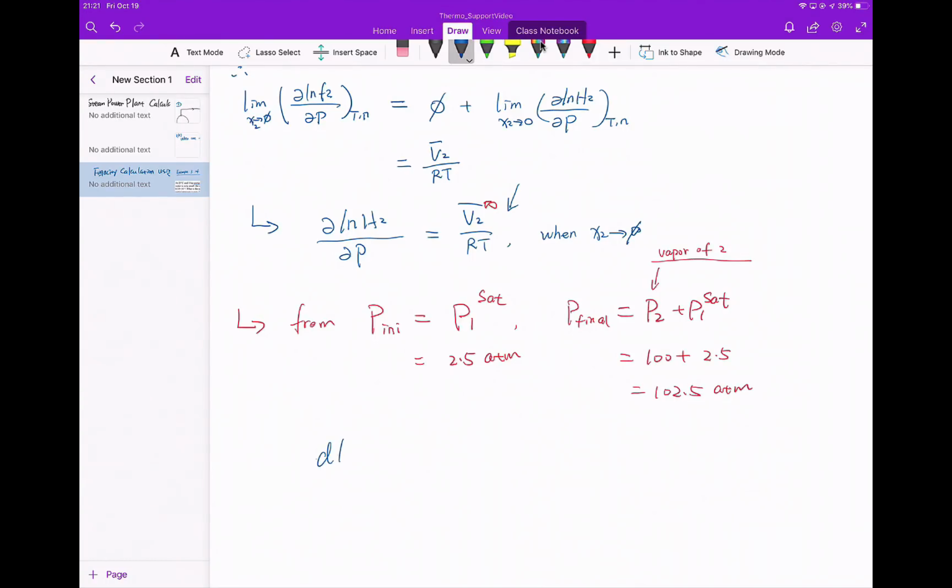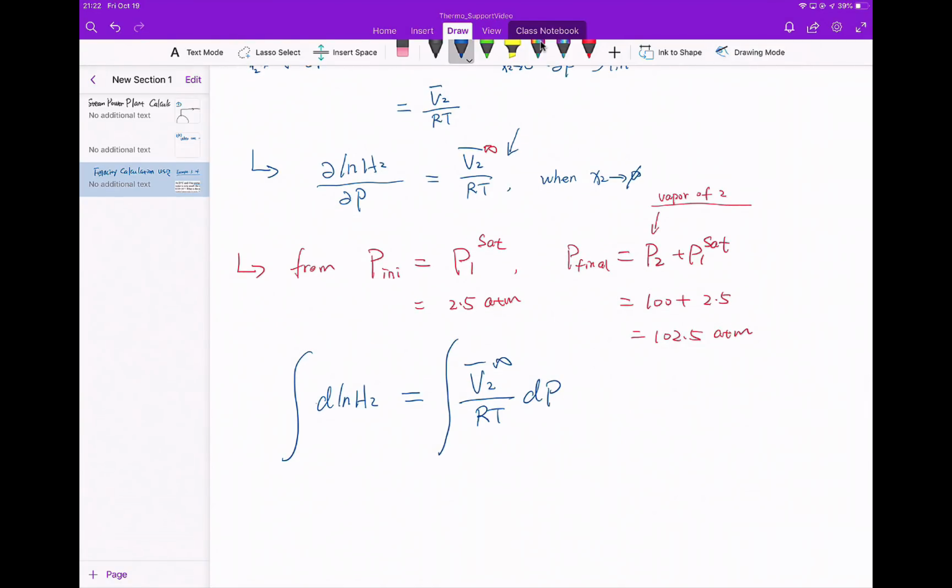d log H2 from some value to V2 infinity of RT dP. So the initial is P1 set, and this is for the final P, again P1 set for the P final.